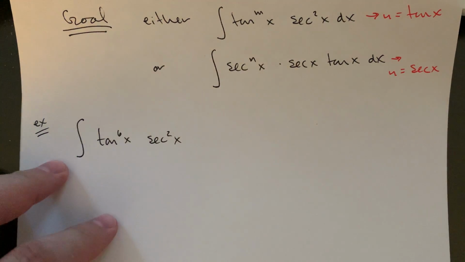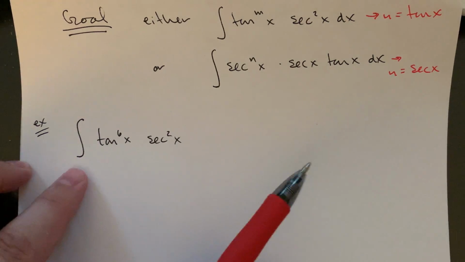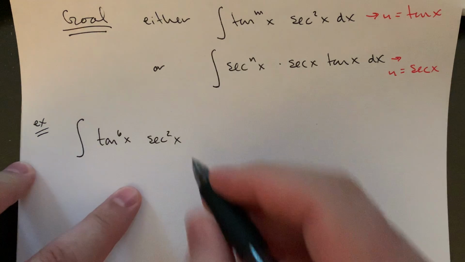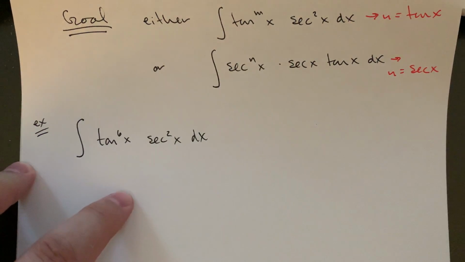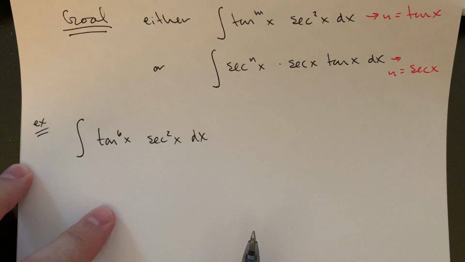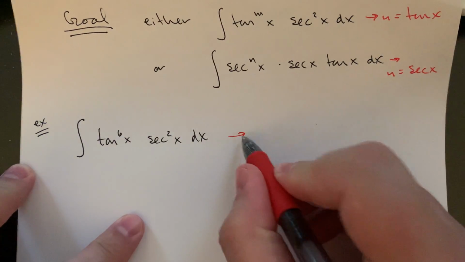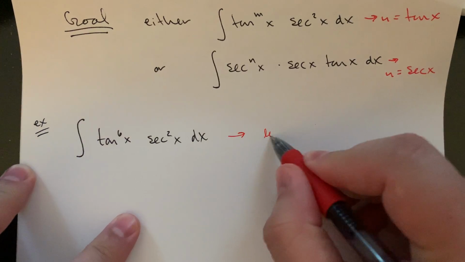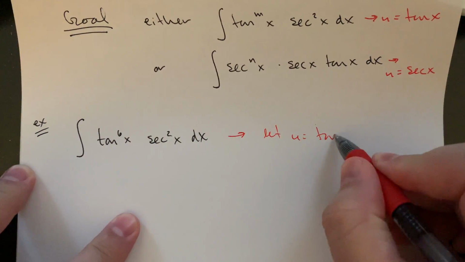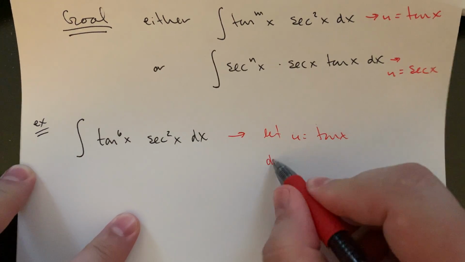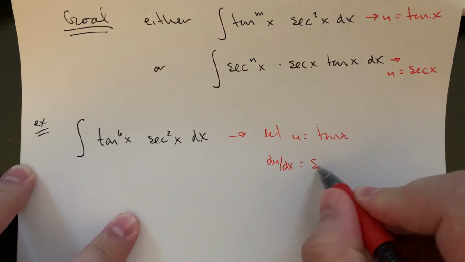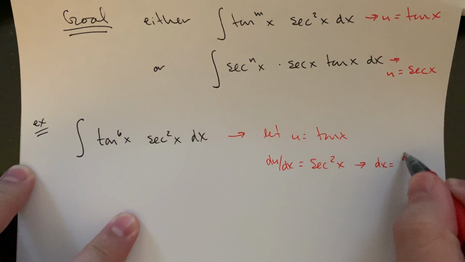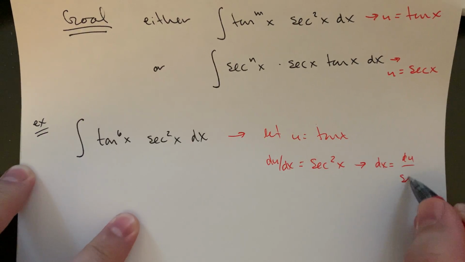So say I've got the integral of tangent to the 6 times secant squared dx, of course. Sorry, I forgot my dx. How could I? What I have is tangent to a power, and then secant squared would be the derivative. So we're just going to let u equal the tangent of x. Then my derivative du dx is secant squared, so dx is du over that.